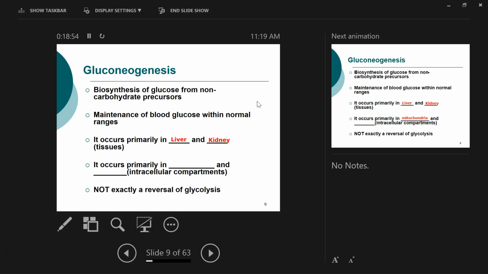And it occurs primarily in which cellular compartment, which part of a cell? Mitochondria, or cytosol? Thinking about how cells completely oxidize glucose, in which cellular compartment? The first part of glycolysis is in the cytosol, right? And then the second part, the complete oxidation, is in the mitochondria.